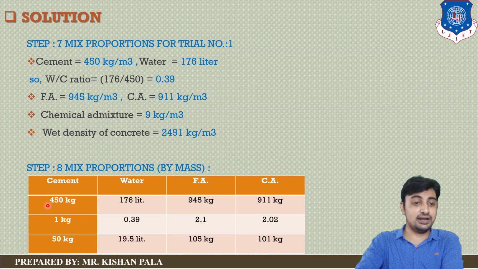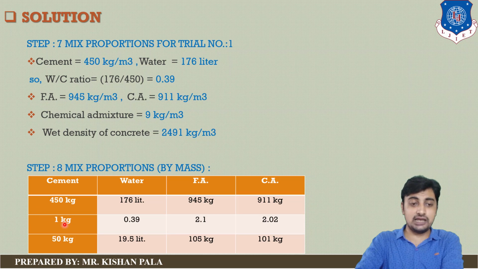Now we can calculate based on 1 kilogram. For 450 kg of cement we require 176 liter of water, so for 1 kilogram of cement we require 0.39 liter of water, 2.1 kg of fine aggregate and 2.02 kg of coarse aggregate.